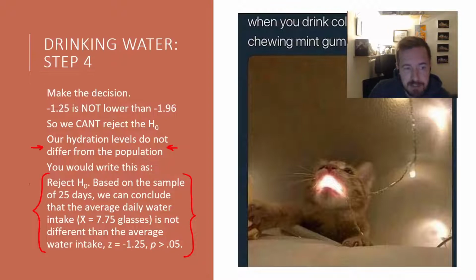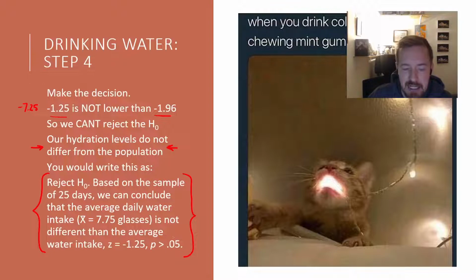If this were lower, so let's say I had negative 7.25, that would be lower than my Z critical of negative 1.96, and so I would say that we can conclude that the average daily water intake is different than the average water intake. And I would put Z equals negative 7.25, p is less than 0.05.